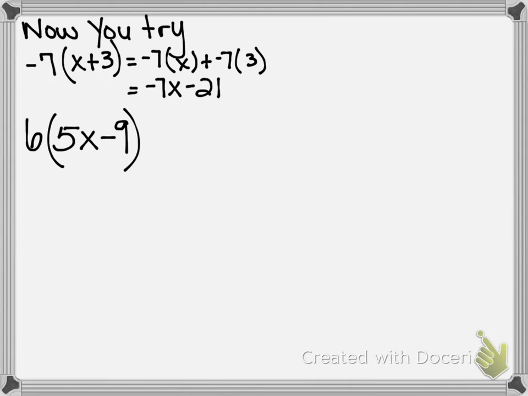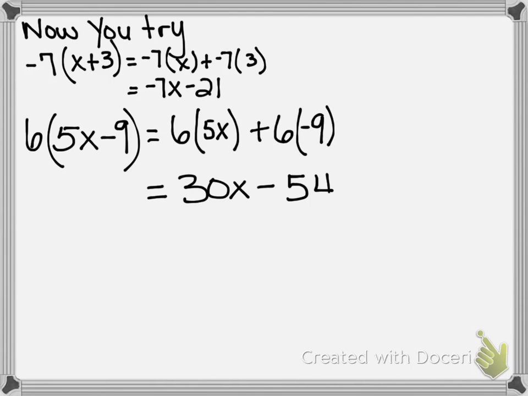Alright, try another. The expression 6 times 5x minus 9, you should end up with 6 times 5x plus 6 times negative 9. And you have 30x minus 54.